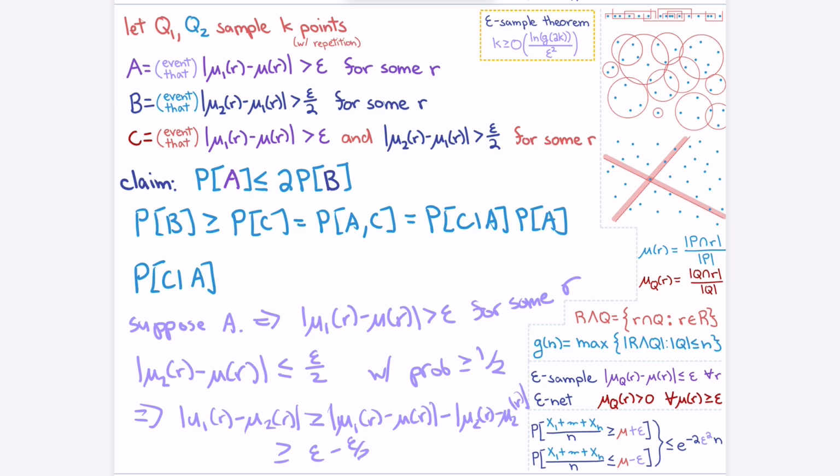So you get epsilon minus epsilon over 2. One of them is off by more than epsilon. The other one is probably within epsilon over 2 accurate. So they must differ by at least epsilon over 2. That will give you that this thing is at least 1/2. And then you plug that back in. That's the 1/2 you're looking for. But this is really clever, right?